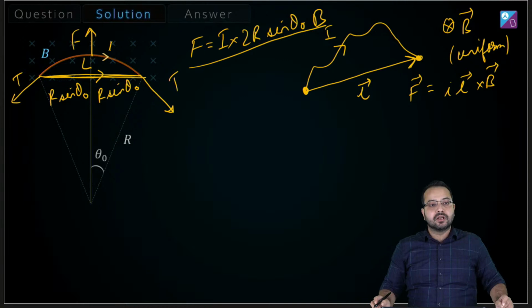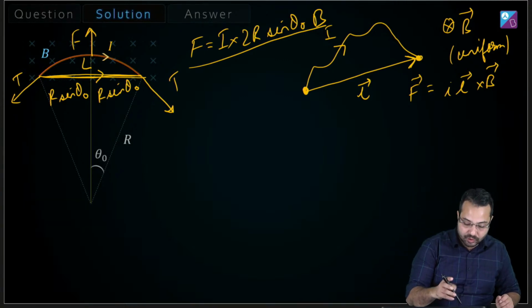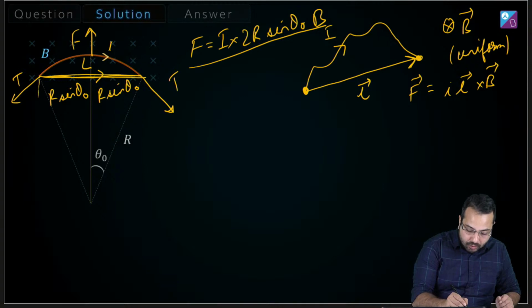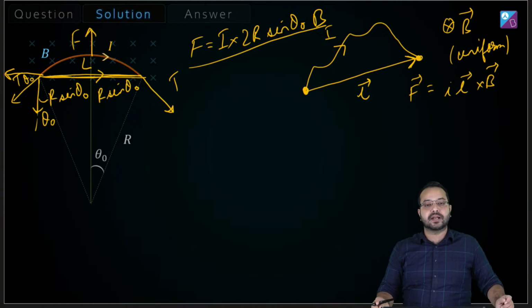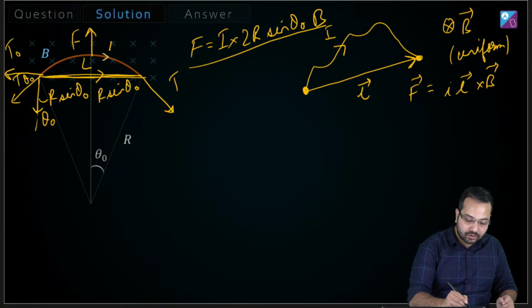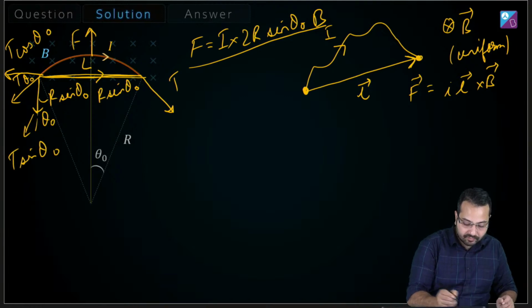Now this wire is in equilibrium, which means let me draw angle theta naught over here. This angle is also going to be theta naught. So I'm going to resolve this tension in these two directions. This becomes T cos theta naught, and this becomes T sin theta naught.